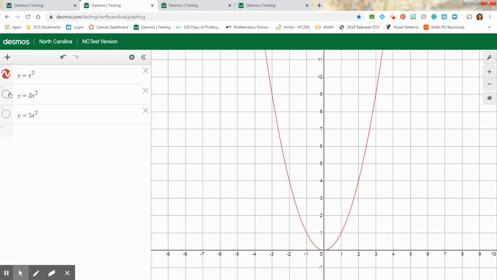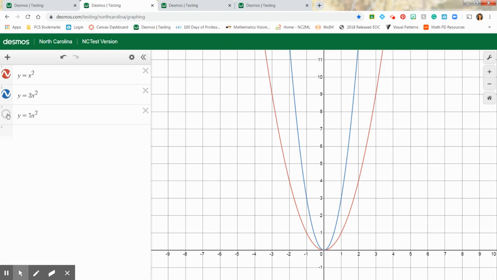So if I change my coefficient to 3, I went from the red parabola to the blue parabola. So it's gotten skinnier and it's changing faster. My y values are getting larger faster.